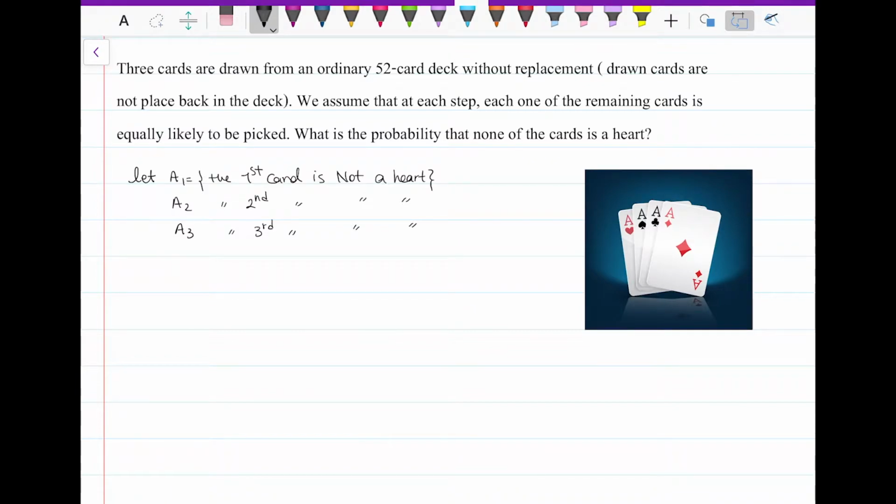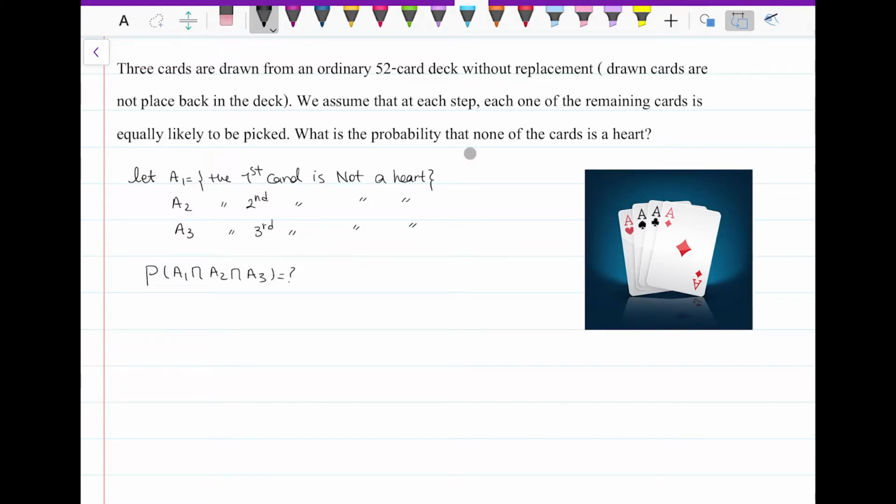Okay, now that we define the events like that, the question is, what is the probability that none of the cards is a heart? So we wish to find the probability of A1 intersection with A2 intersection with A3. This is the one that we want to find. We can solve this question using a tree.